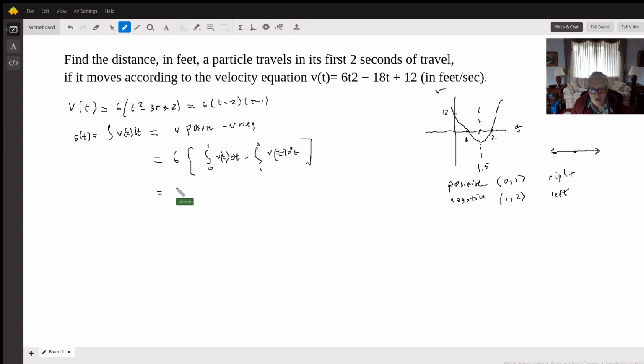Okay, so let's just do this. So it's 6 times, so we've accounted for the 6, we just need to account for what's in here.